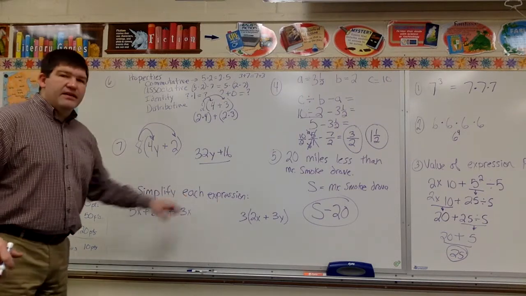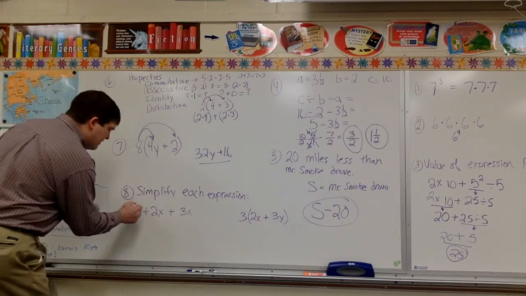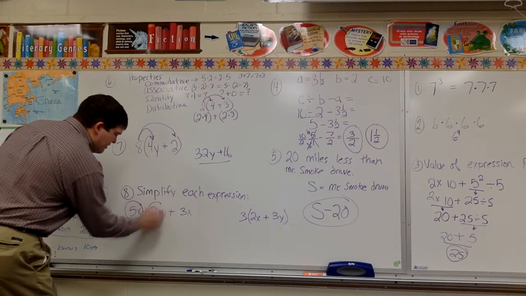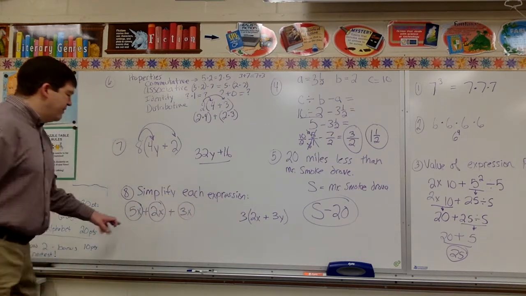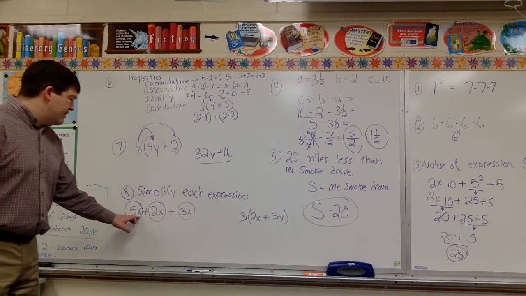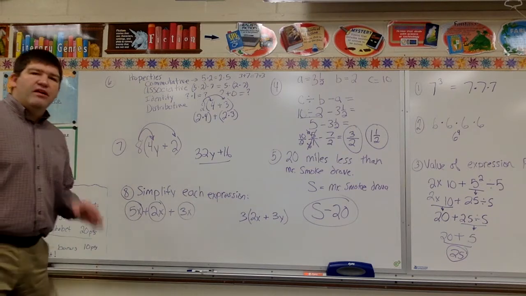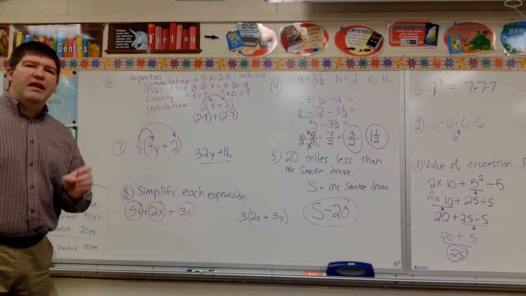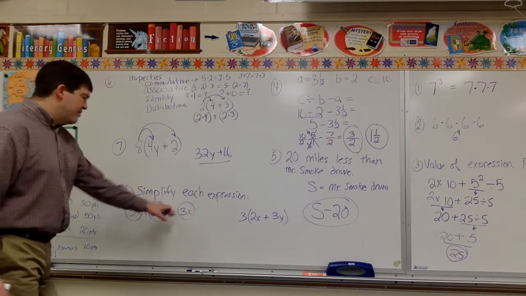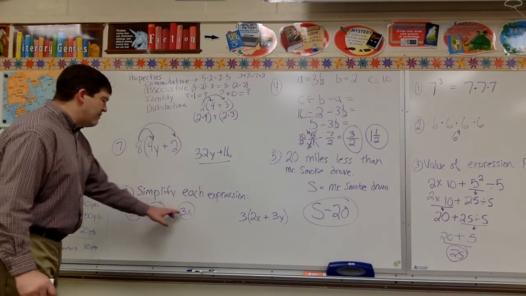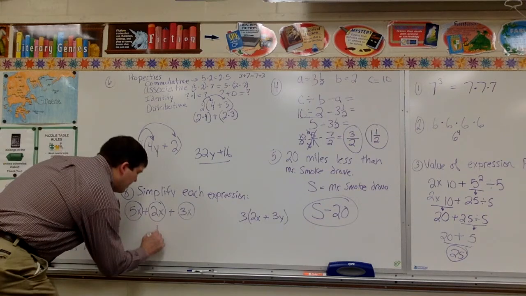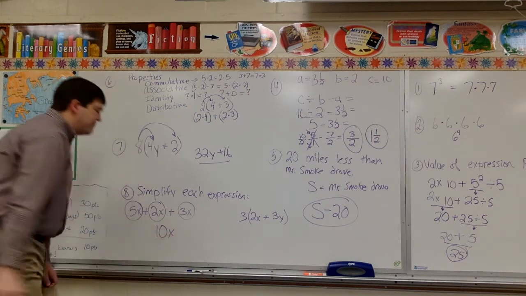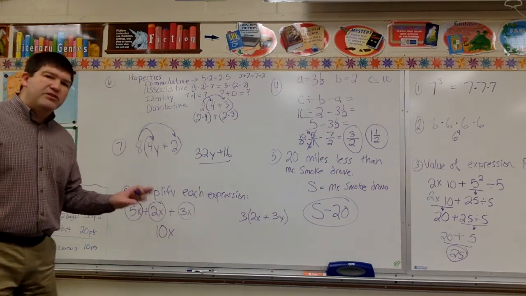So let's see what we got here. I want to simplify this. And I see that I have this term here, this term here, this term here. I have three terms. It's an x, an x, and an x. They all have a variable, and they all have the same variable. They are all like terms. So now I can just go in order here. 5 plus 2 is 7. 7 plus 3 is 10x. I've made this so much simpler.